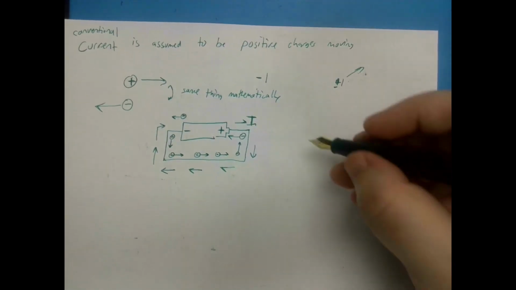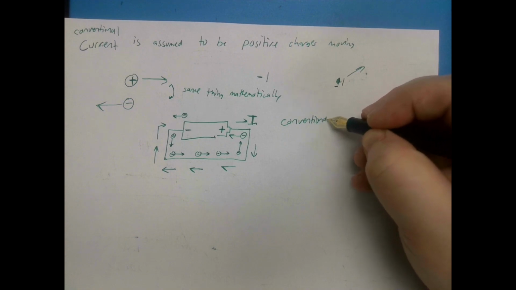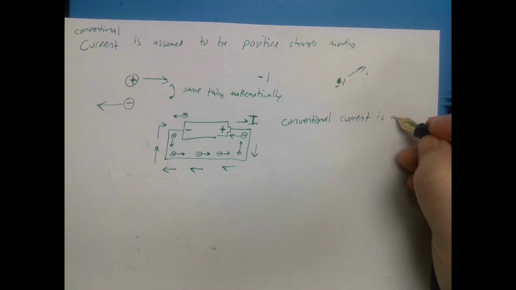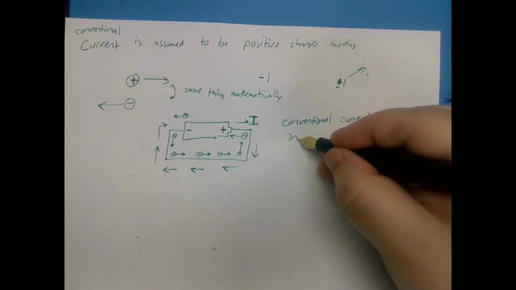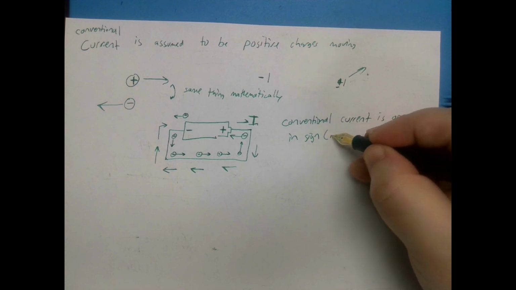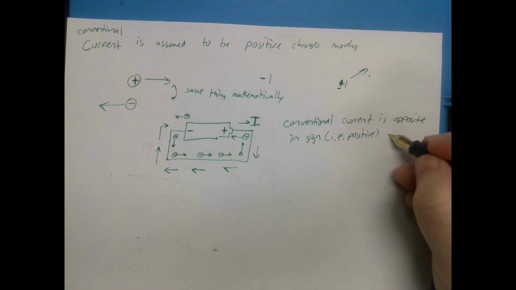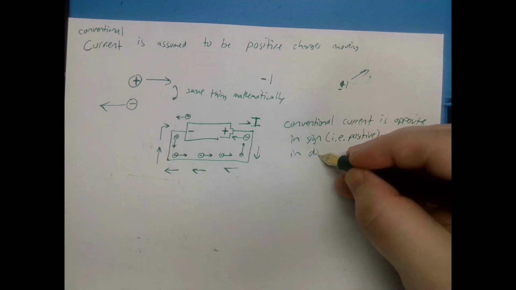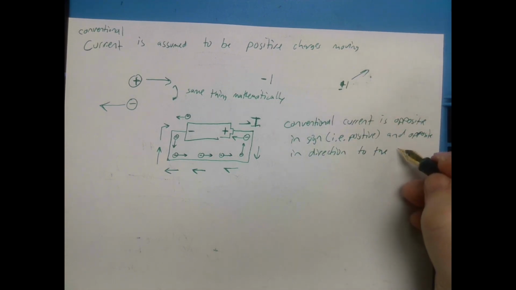So it's important to know that conventional current is opposite in sign, i.e. positive, and opposite in direction to the actual flow of electrons.